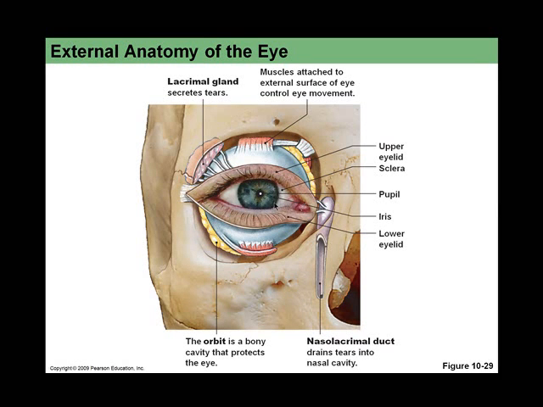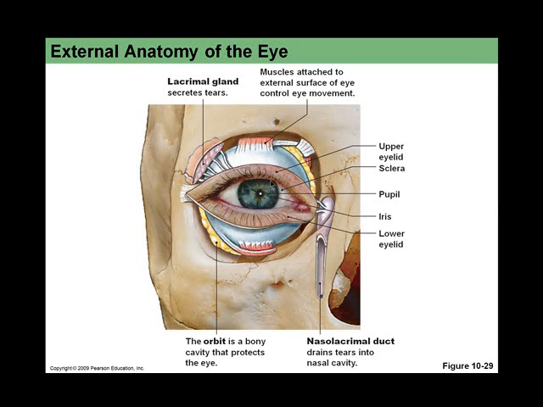So what we are focusing on here predominantly is, of course, the anterior surface of the orbit itself. The eyeball has the white outer connective tissue. We know that there's conjunctiva covering it here. But anyway, deep to that would be the sclera.